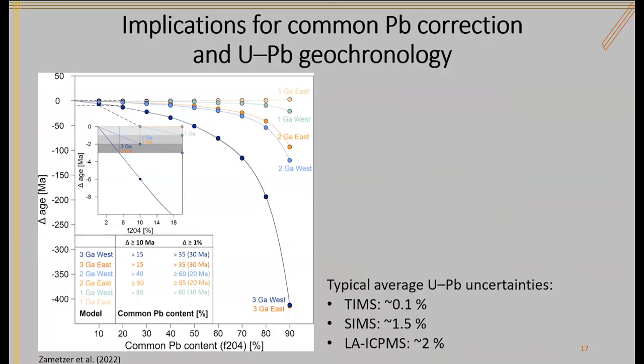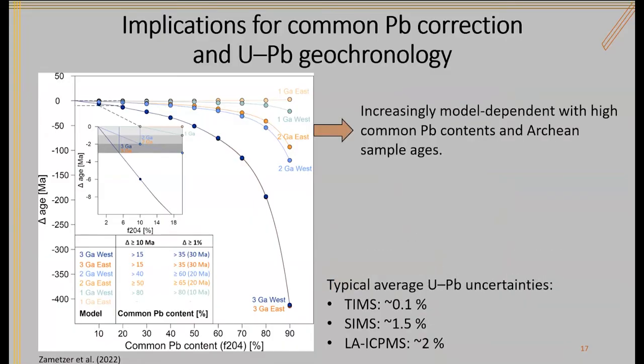So one observation that we can immediately make from this plot is that the differences become increasingly model dependent with high common lead contents and with old sample ages, with the Archean sample age as well. As we can see for the 3 Ga example sample age, with high common lead contents, the age delta becomes huge.